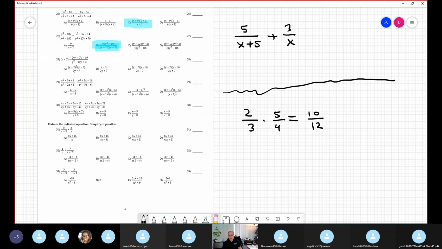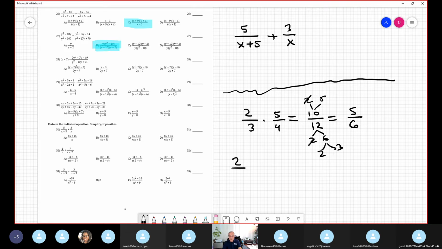And after you reduce to the lowest term, in this case, you divide by the GCF. The 10 is to 5, 12 is to 6, to 3, and you can see the 2 is cancelled out. So it's 5/6. Okay, this is multiplication.